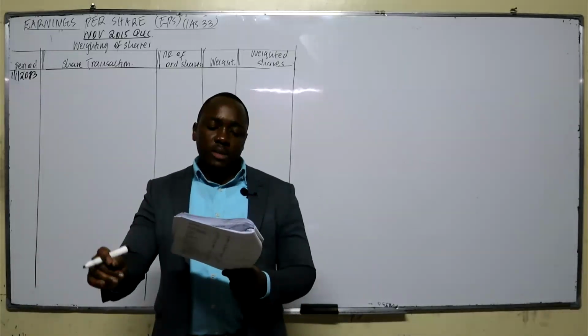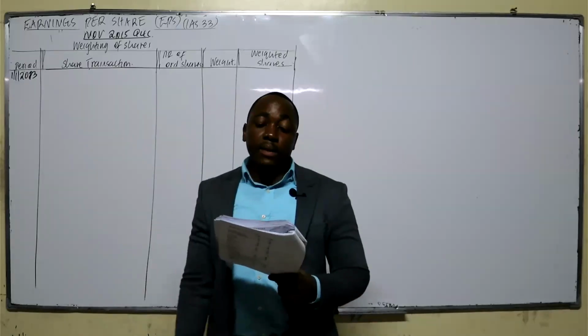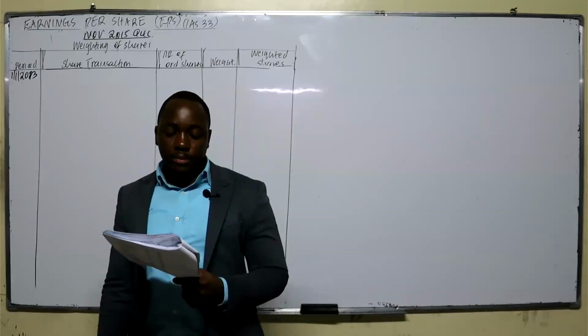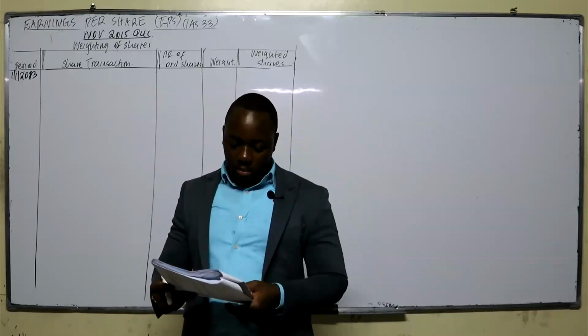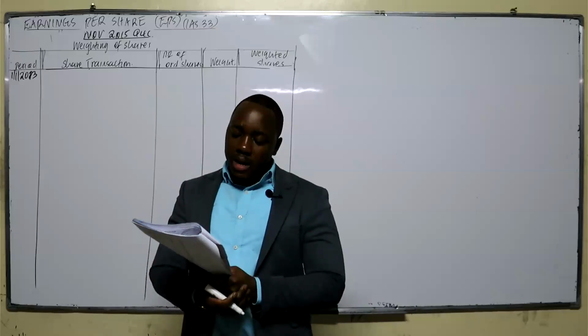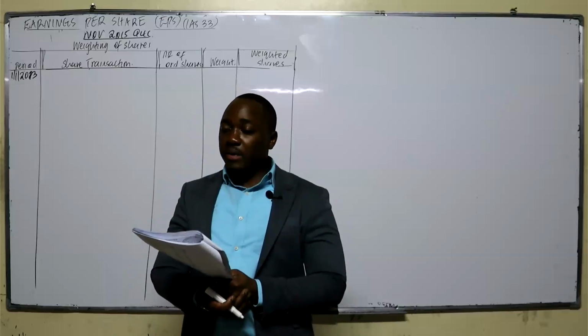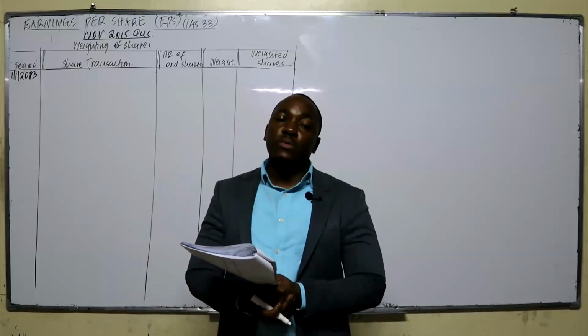Those are the number of shares issued, and the 10% convertible preference shares. All the preference shares were fully paid, while only 100 million of the ordinary shares were fully paid, the balance being 80% paid. Let me ask you a question, if you have understood.